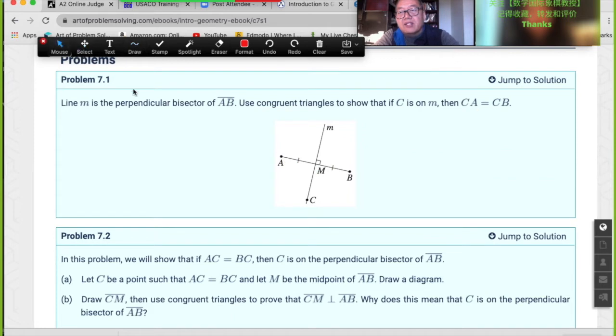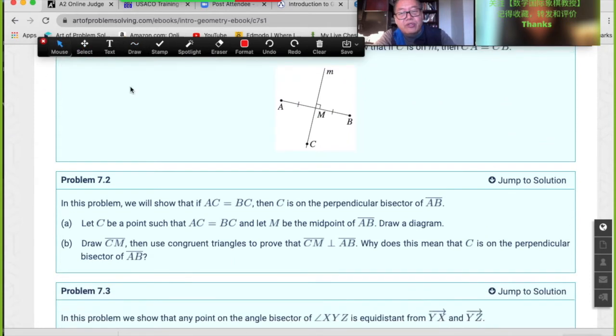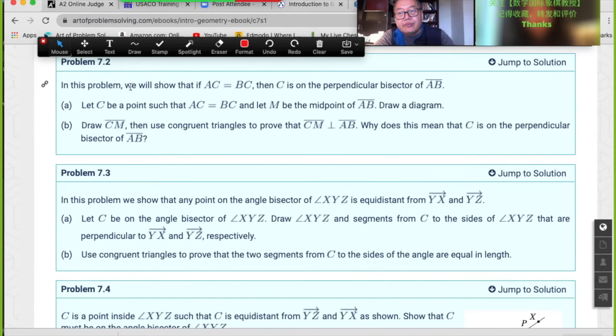Now let's see 7.2. Can you read this problem? In this problem, we will show that if AC equals BC, then C is on the perpendicular bisector of line segment AB.